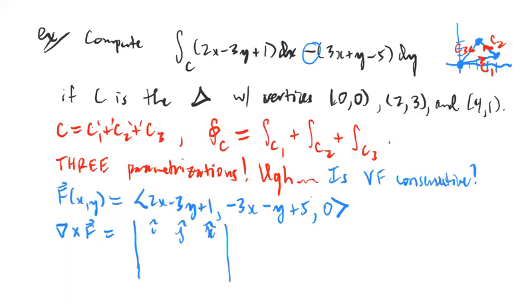Del is this crazy thing: partial x, partial y, partial z. Then I put in 2x minus 3y plus 1, then negative 3x minus y plus 5, and then 0.